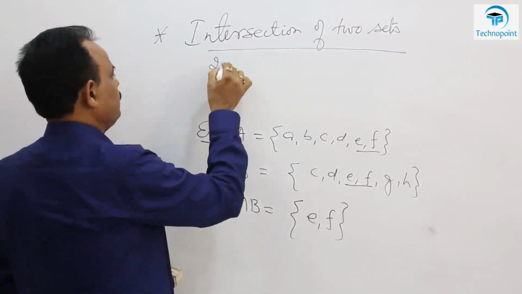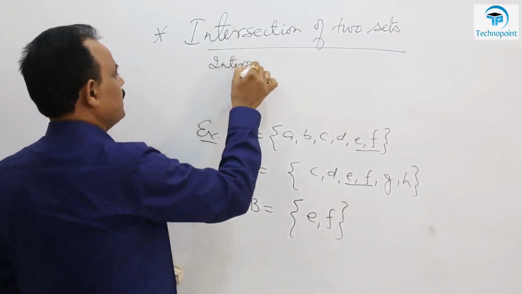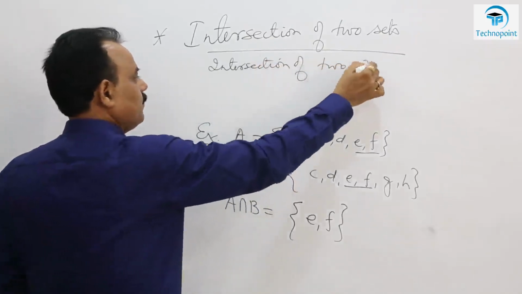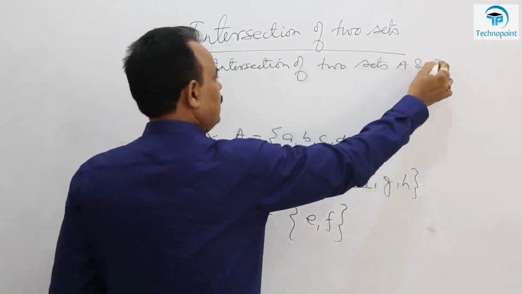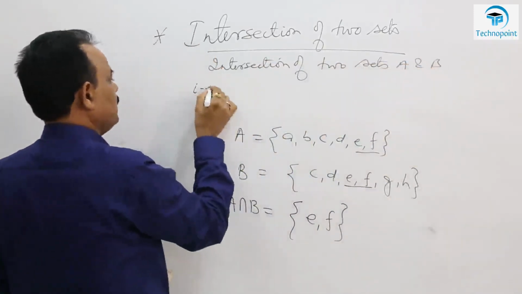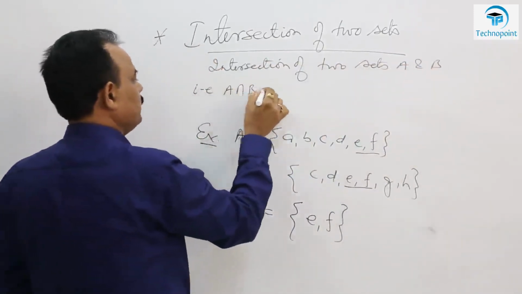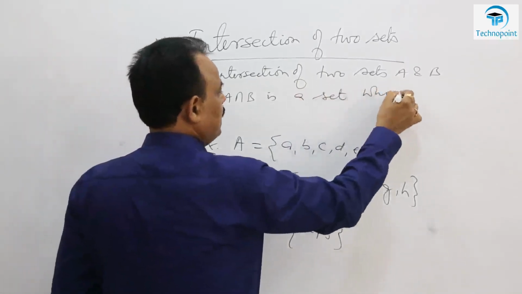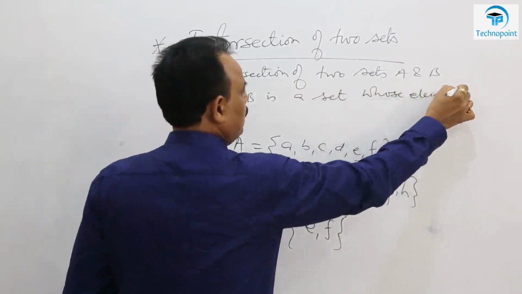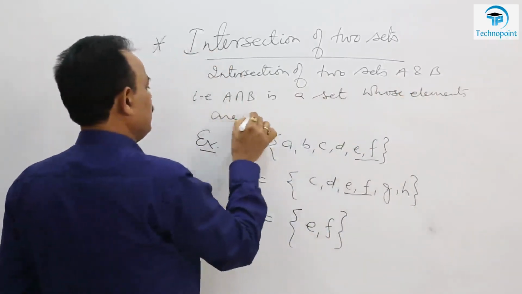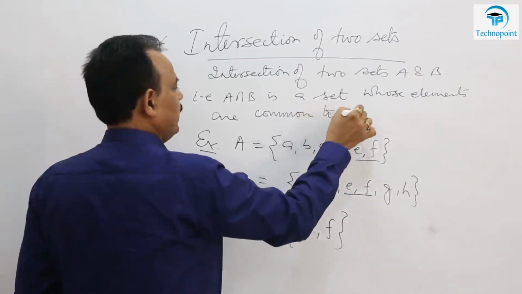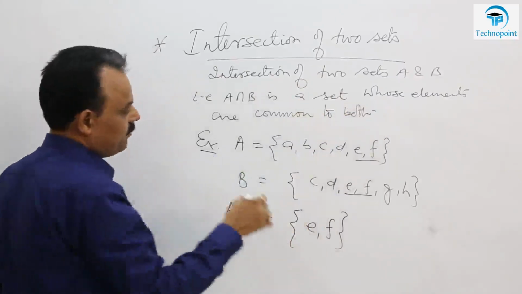So let us define this intersection of two sets A and B, that is A intersection B, is a set whose elements are common to both A and B. This is your example.